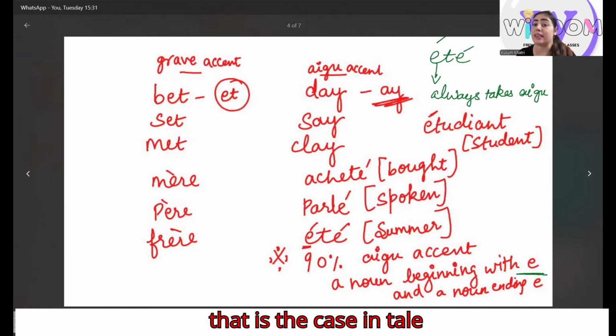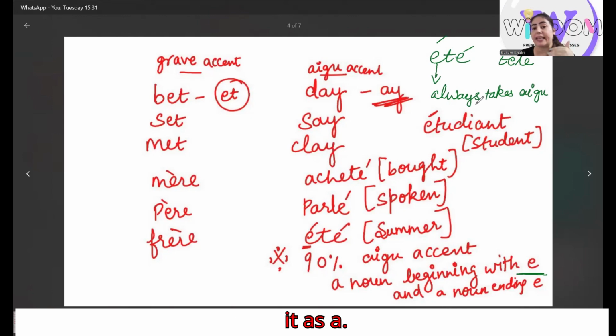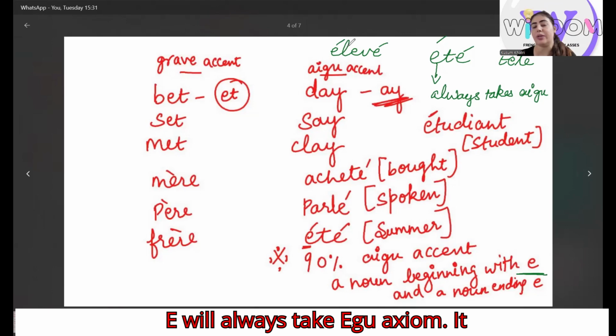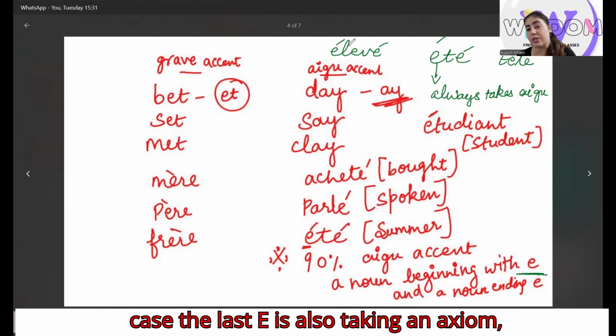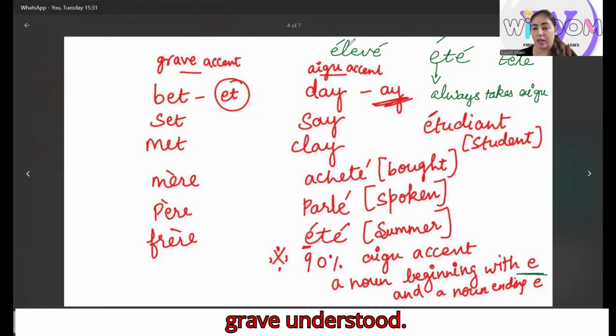So that is the case in télé also. And when you pronounce, you can feel the difference. You are speaking it as A, télé, élevé. So the first E will always take aigu accent. It will never take a grave accent. And in case the last E is also taking an accent, that has to be aigu. It cannot be grave. Understood?